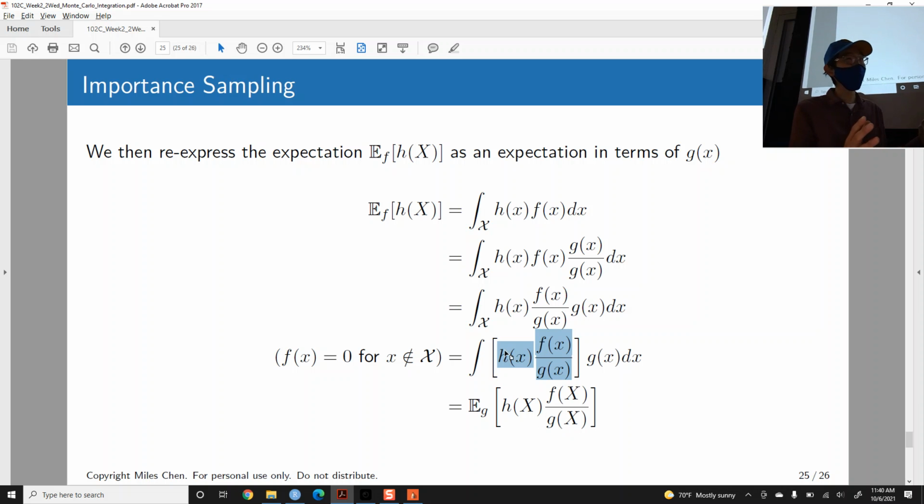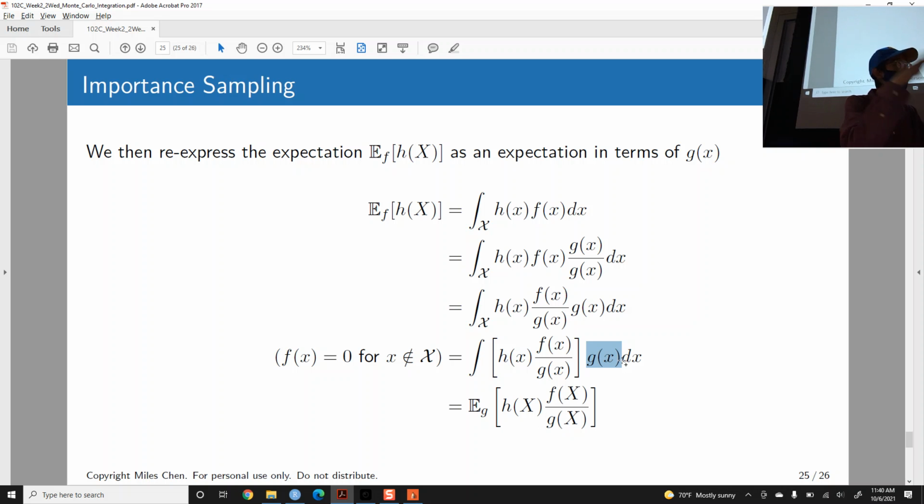It's just another arbitrary function. Now it's more complicated. It used to be arbitrary function h multiplied by the PDF f, and that would give me the expected value of this thing. Now I've got a weirder arbitrary function, h times f over g, but it's still just an arbitrary function. That's the important thing to note. This is an arbitrary function times a PDF.